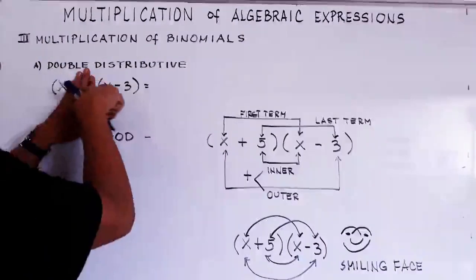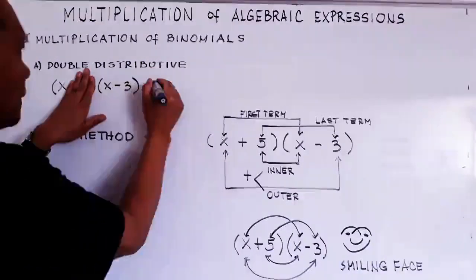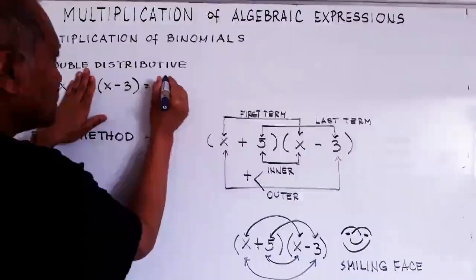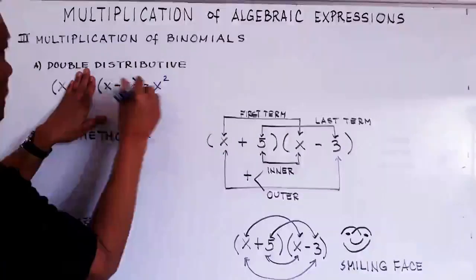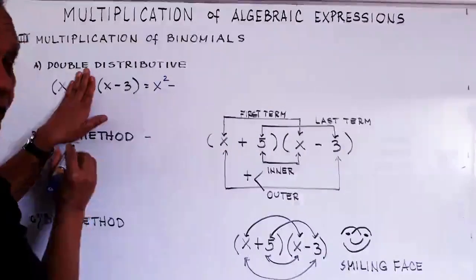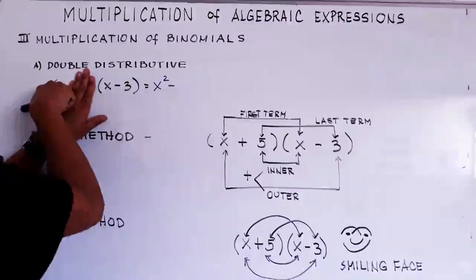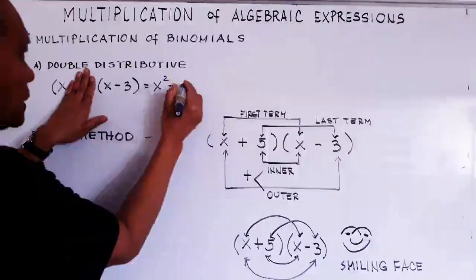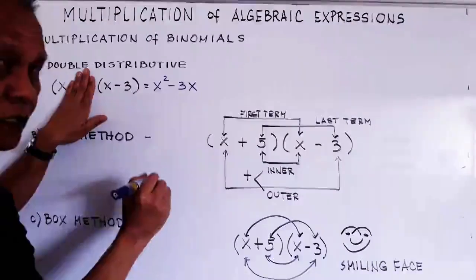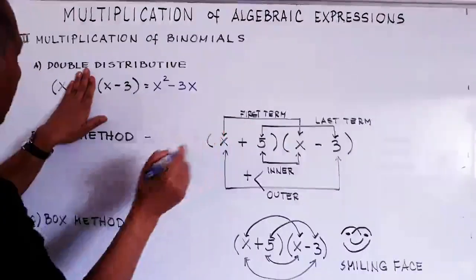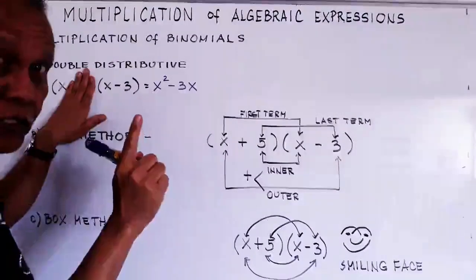So x times x, 1 plus 1, we have x squared. After this one, we copy the negative. Then we multiply x times 3 is 3x. Don't write x3, just 3x. Number first before the letter. And after that one, that is the first distributive.